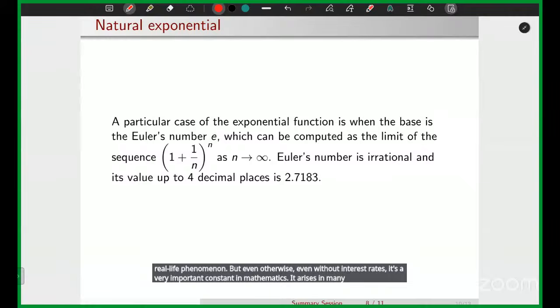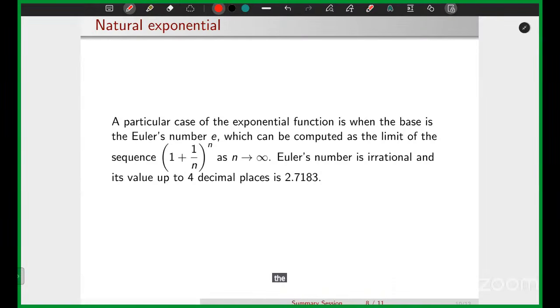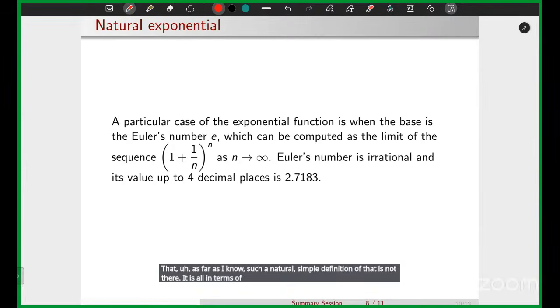It doesn't have as simple a description as pi, where you can define it as the ratio of circumference to diameter or something like that. As far as I know, such a natural, simple definition of e is not there. It is all in terms of sequences and stuff like that.